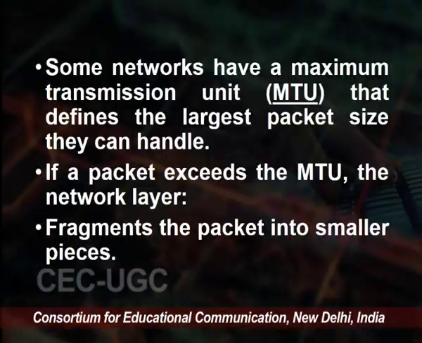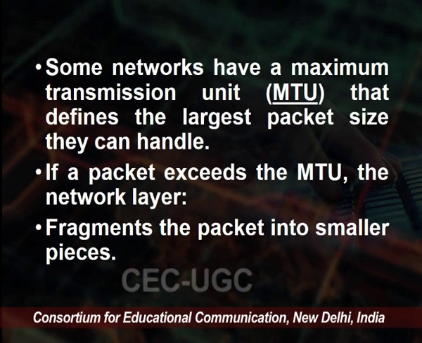So, fragmentation, and then at the destination end those packets need to be reassembled again. Each network has an MTU, which is the maximum transmission unit, and that defines the largest packet size that network can handle.